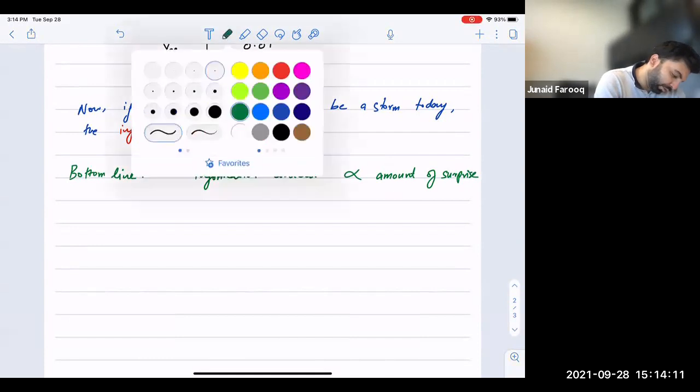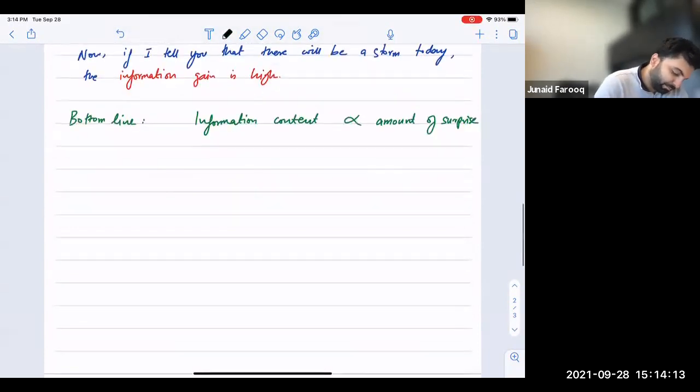And note that surprising events have a low probability.